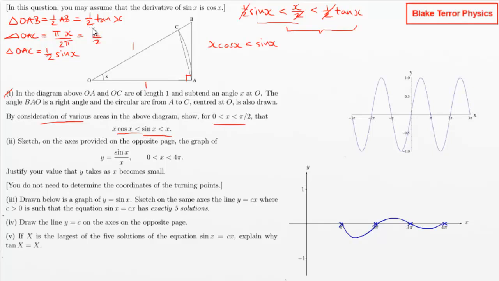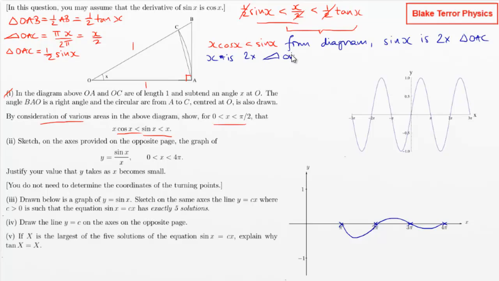So we've said here then that the area, this is like comparing. So let's start off. From the diagram, we can say that sine x is two times the area of, which one was sine x? Triangle OAC. And x is 2 times the area of the sector, wasn't it?